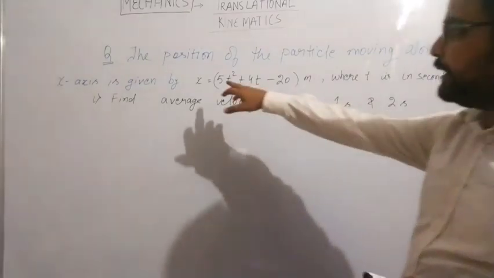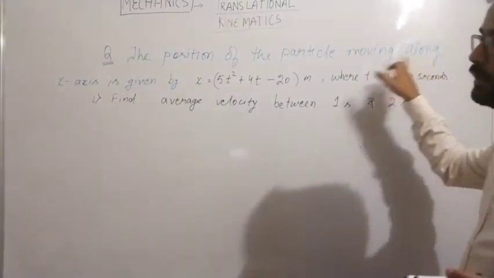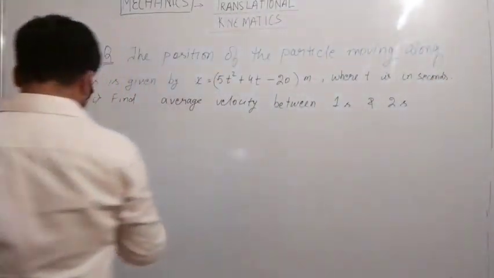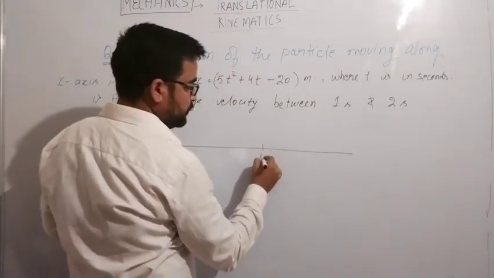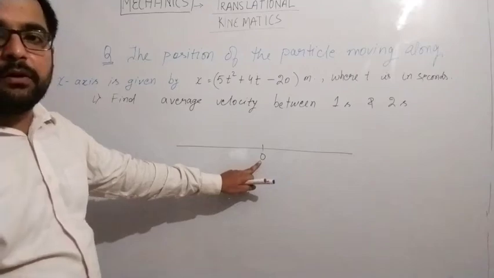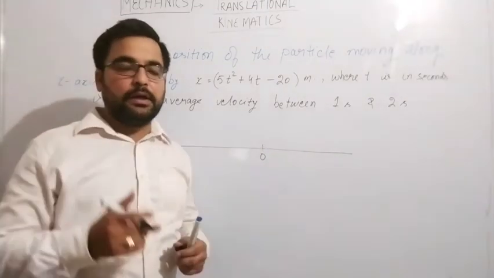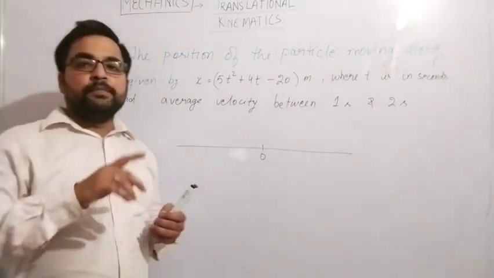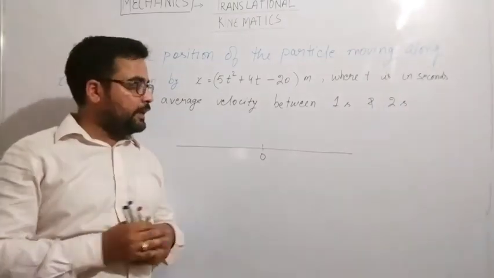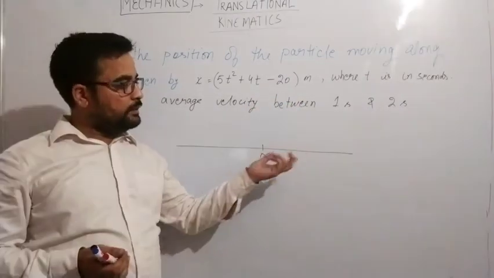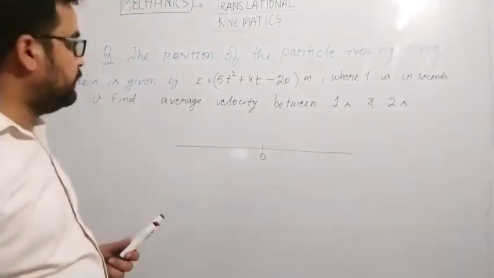We are given that the position of the particle is moving along the x-axis, so think about the number line. Suppose this is your origin. In our theory part, we have taken it general, as if it is moving in 3-dimensional space. But here it's easy because it is moving along the x direction. That's it. Nothing different you will find here.